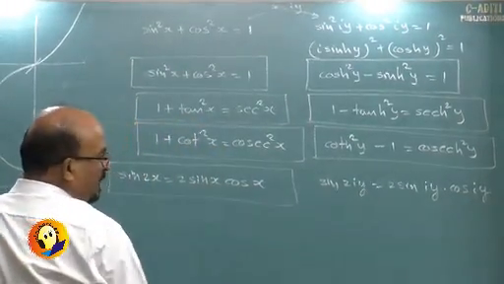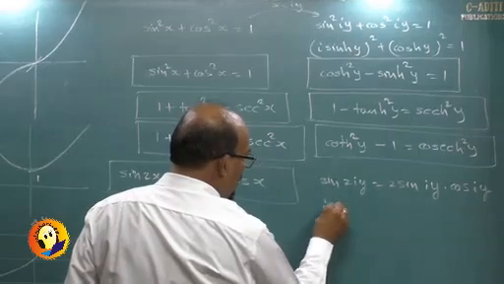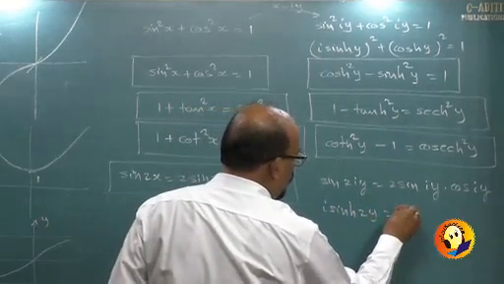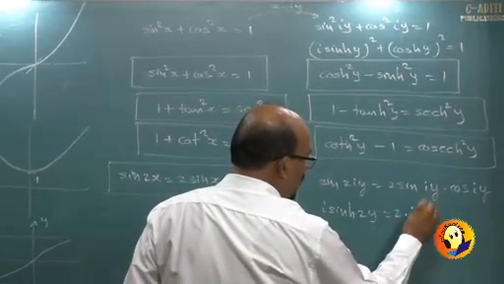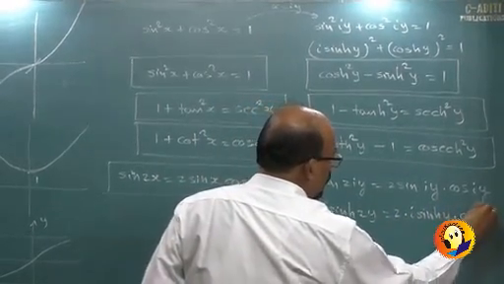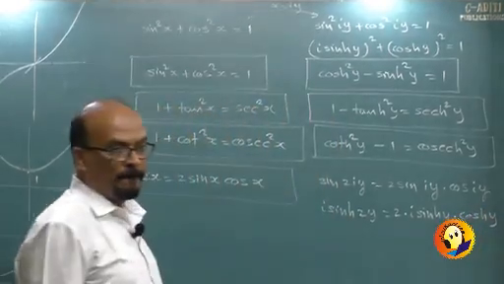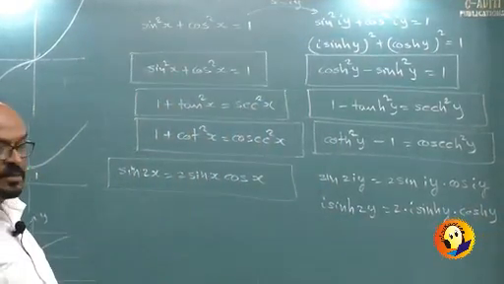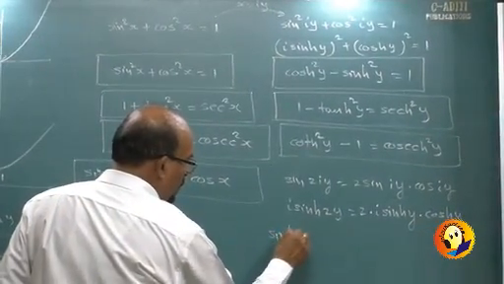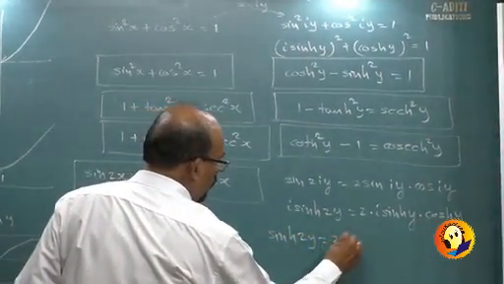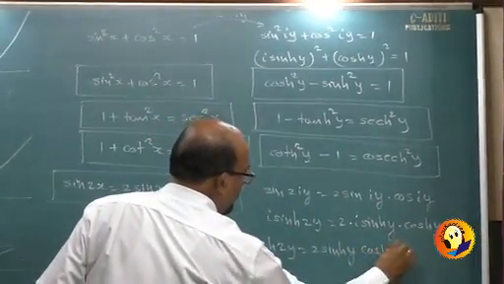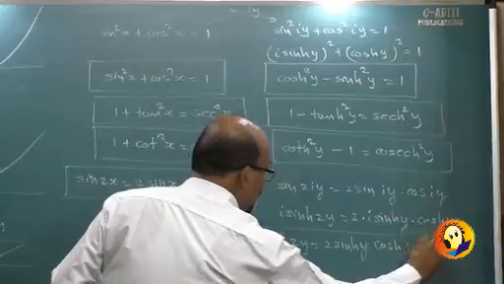Sin of iy is i sinh y, so it is i sinh 2y equal to 2 into i sinh y into cosh y, and i cancels from both sides, so we get the formula sinh 2y equal to 2 sinh y cosh y, and the formula again turns out to be the same.